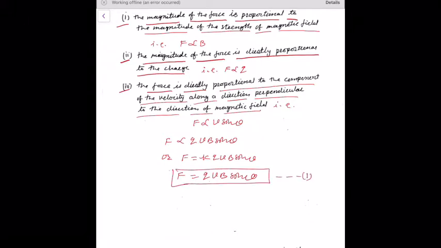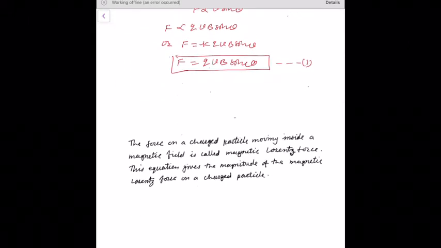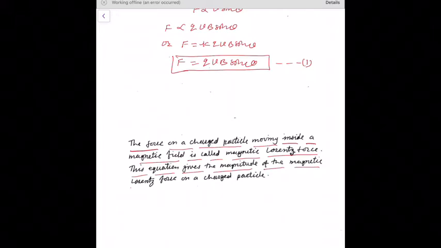It is equation first. The force on a charged particle moving inside a magnetic field is called magnetic Lorentz force. This equation gives the magnitude of the magnetic Lorentz force on a charged particle.